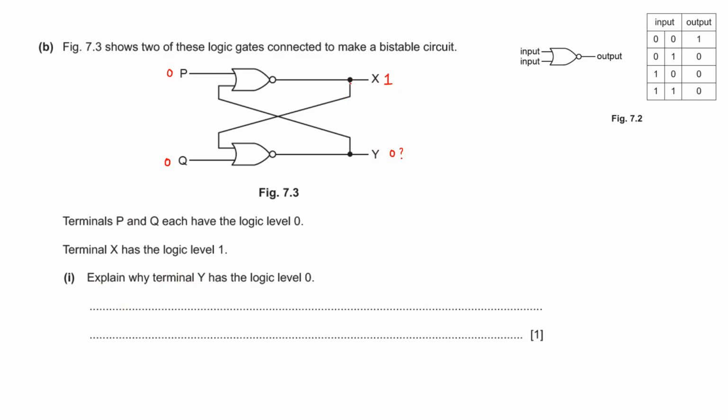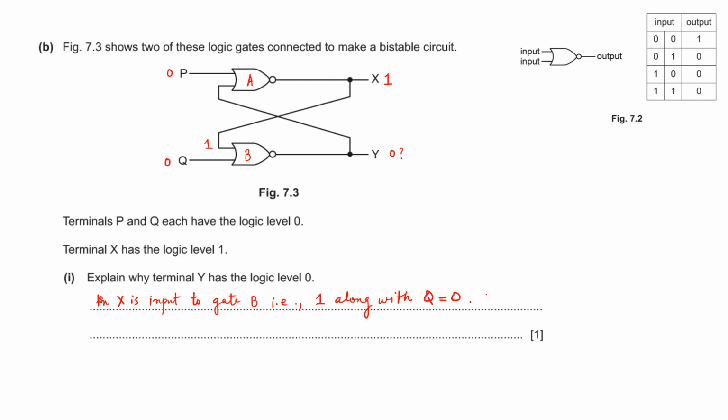If X is 1, and we call this gate A and this gate B, then X is the input to gate B, that is 1, along with Q equal to 0.